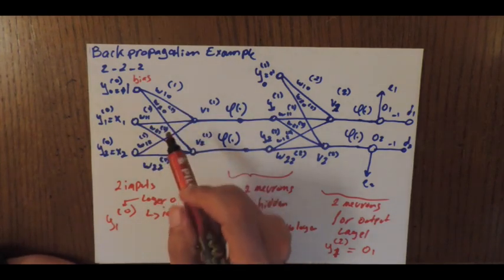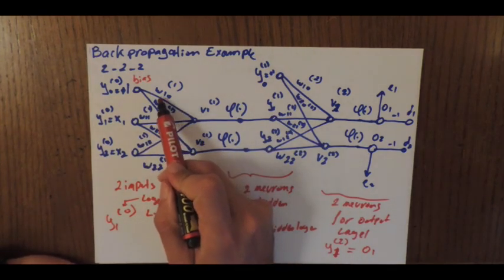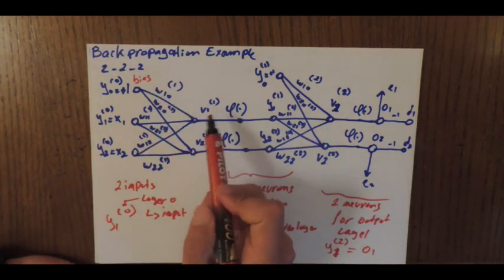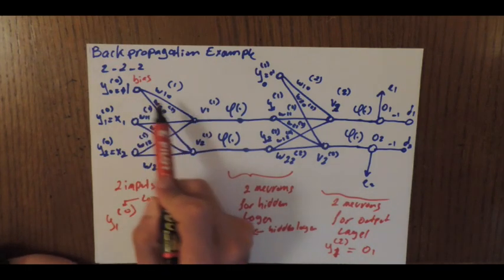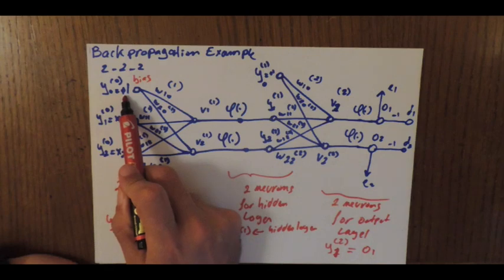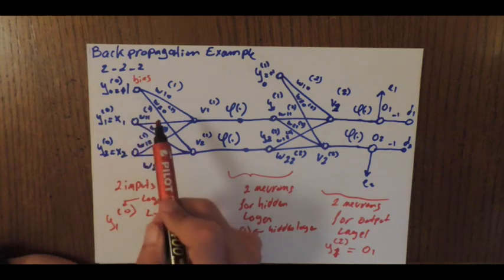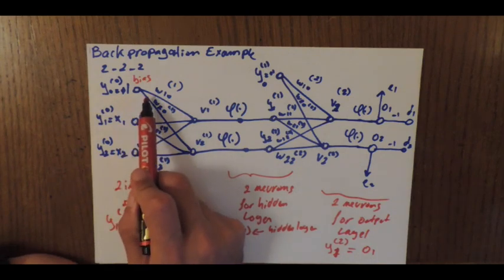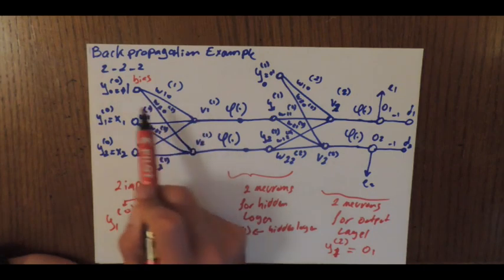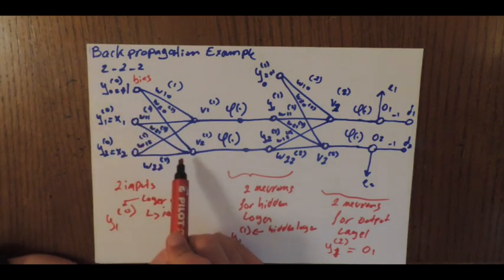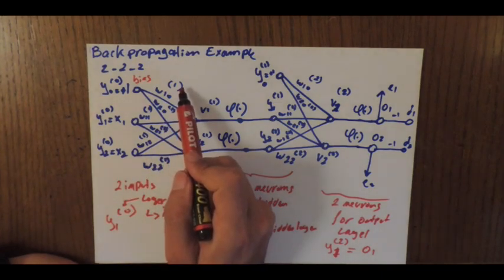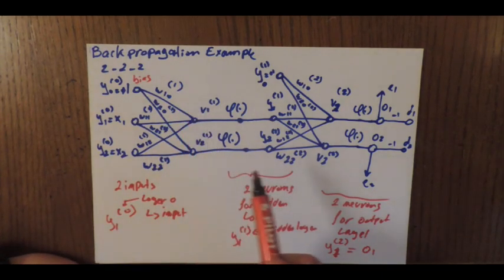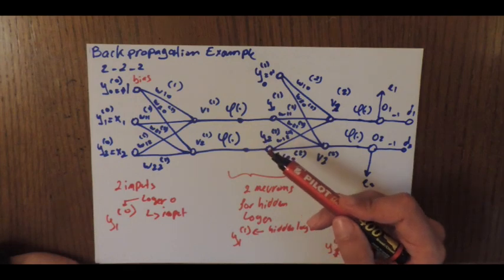For each of the layers, we have weights, w1, 0. We always take the first subscript as the connecting neuron, and 0 will be the input neuron. So we have w of 1, 0, w of 2, 0. And of course, the superscript 1, which indicates that it's going to the hidden layer.